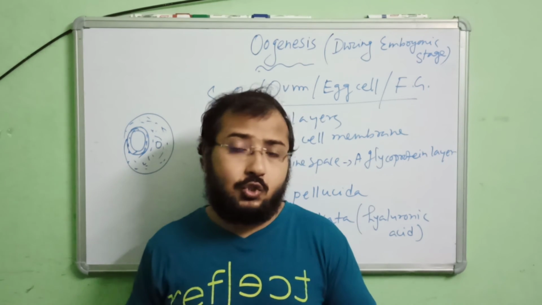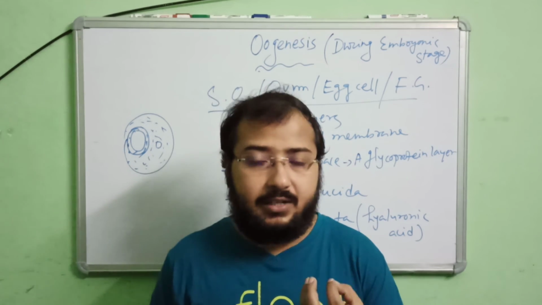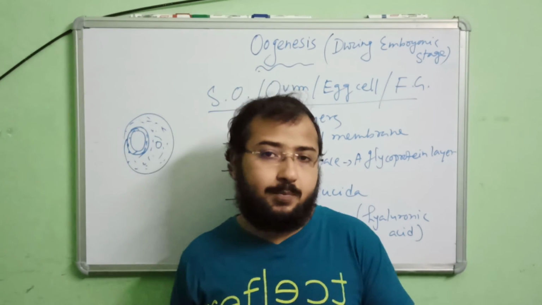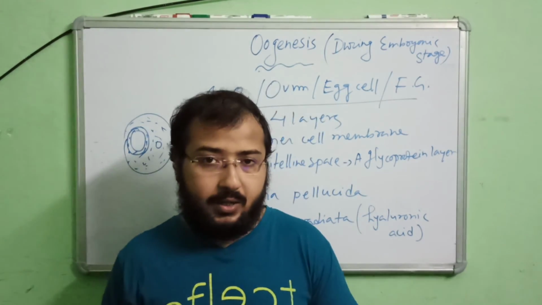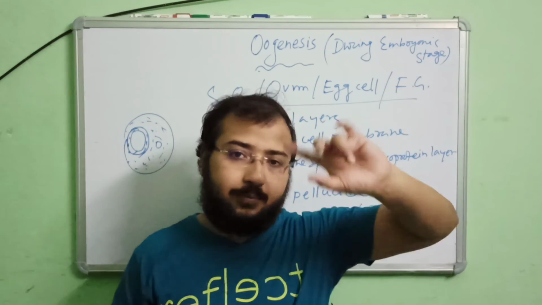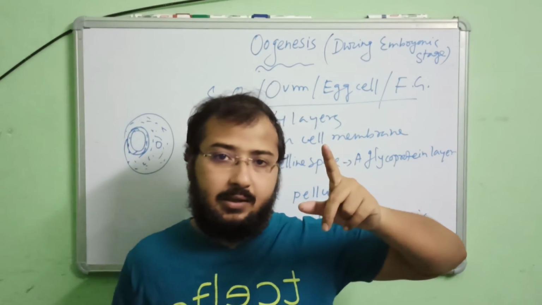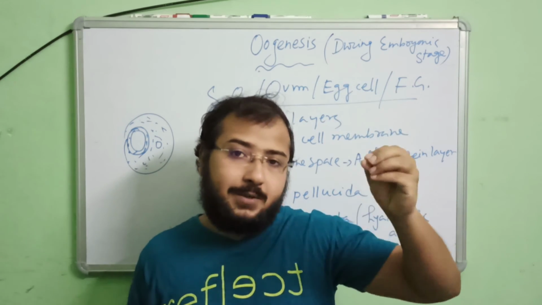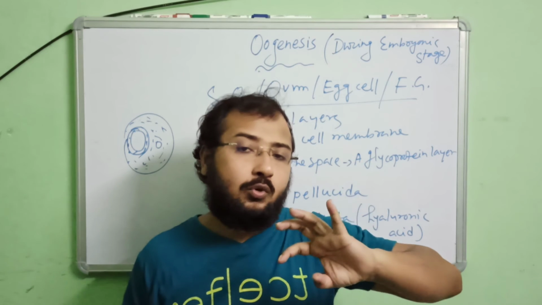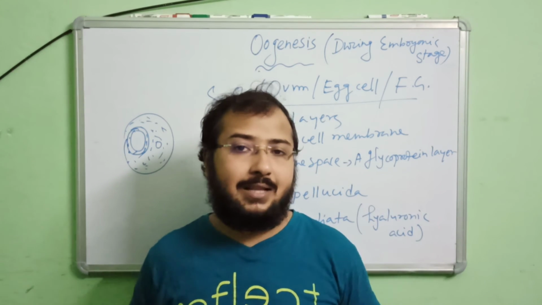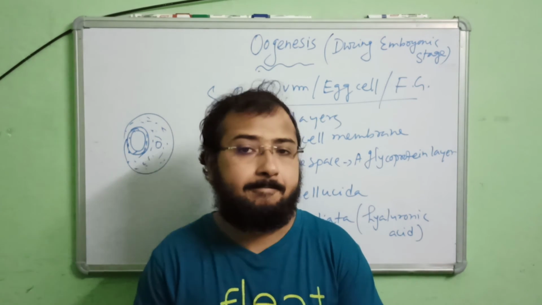The meiosis 2 in the egg cell can only be completed if it gets fertilized by the sperm, the male gamete. Now correlate the information. In the sperm, I told you about the acrosome and that there are enzymes present in it, like metaphase promoting factor and anaphase promoting complex.